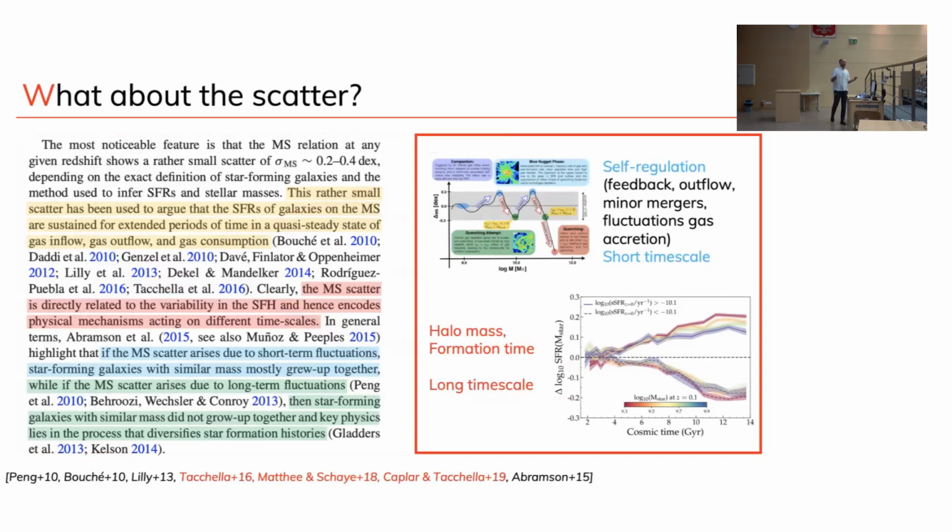It's roughly 0.2, 0.3 dex from one side, 0.2, 0.3 dex for the other component, you square them, then you add them, and you get your scatter of the main sequence. So this is still pretty much open as a question, but it can be pretty interesting because it subtends two different interpretations of the main sequence. This is something fundamental: galaxies grow along the main sequence, while the other might just be a reflection of diversity of star formation histories, and that's pretty interesting as an argument to take care of.